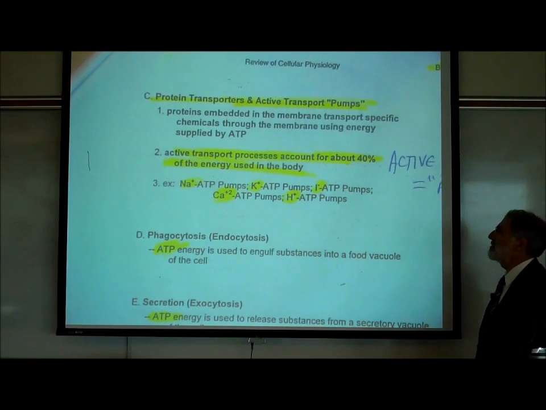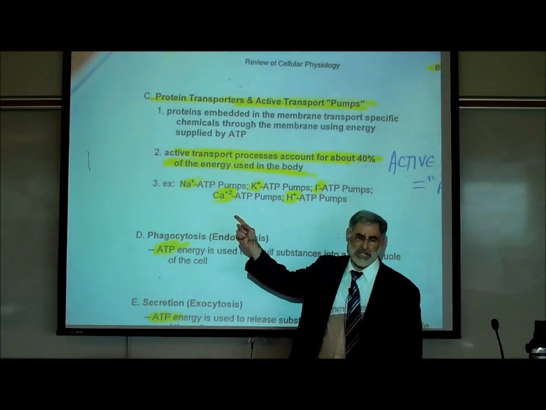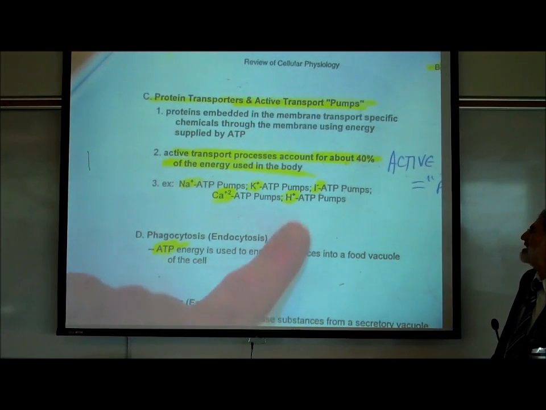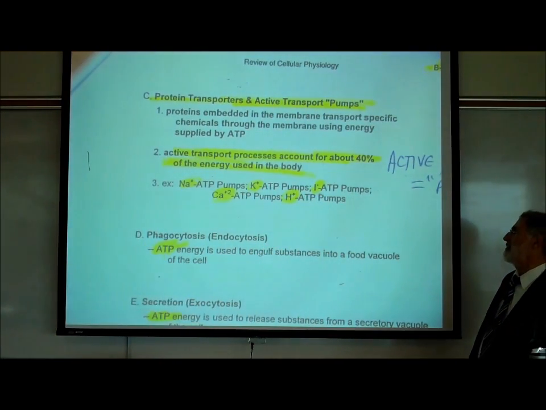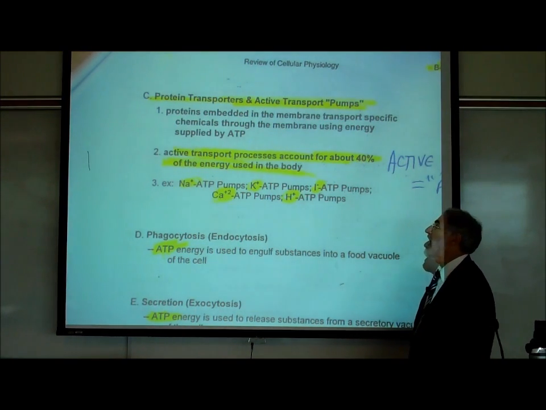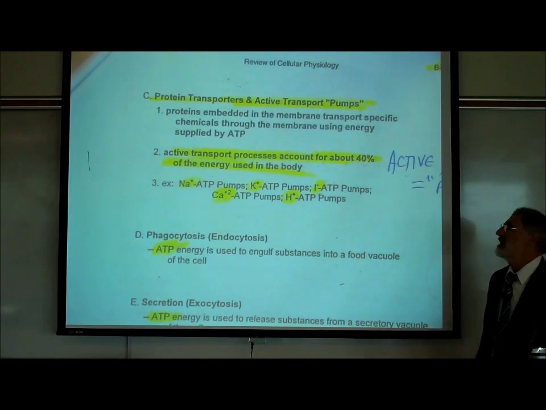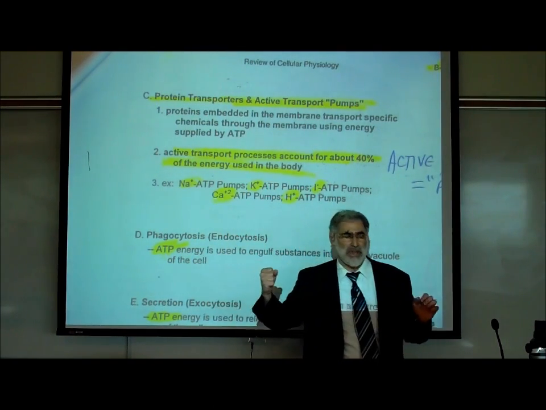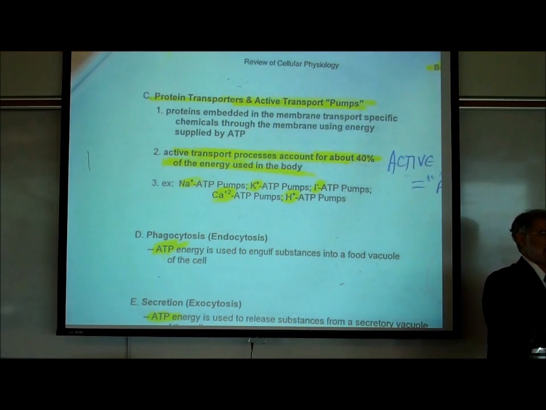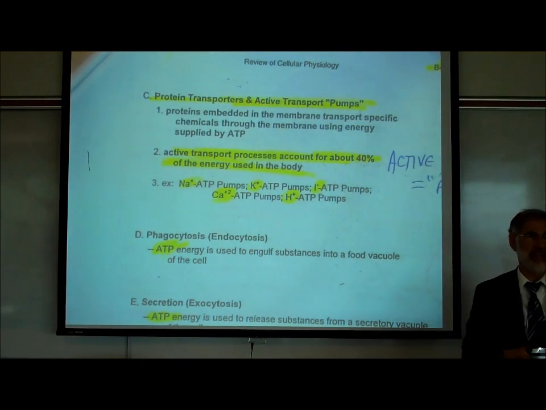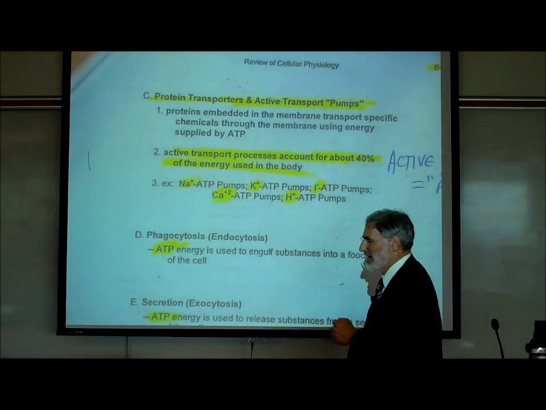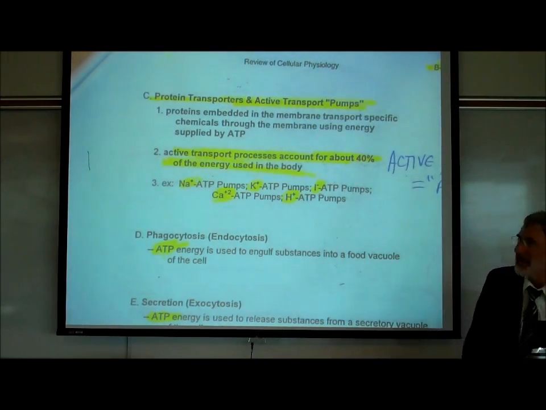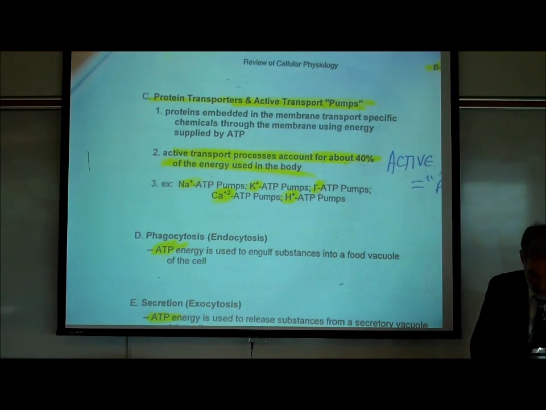There are sodium ATP pumps that actively use ATP to pump sodium ions, potassium ATP pumps, iodine ATP pumps, calcium ATP pumps, hydrogen ion ATP pumps. In almost all these cases, the ion is being transported against its concentration gradient. That's why energy is needed. Energy in the form of ATP is being expended to force a chemical to go in the direction opposite to what it wants to go.